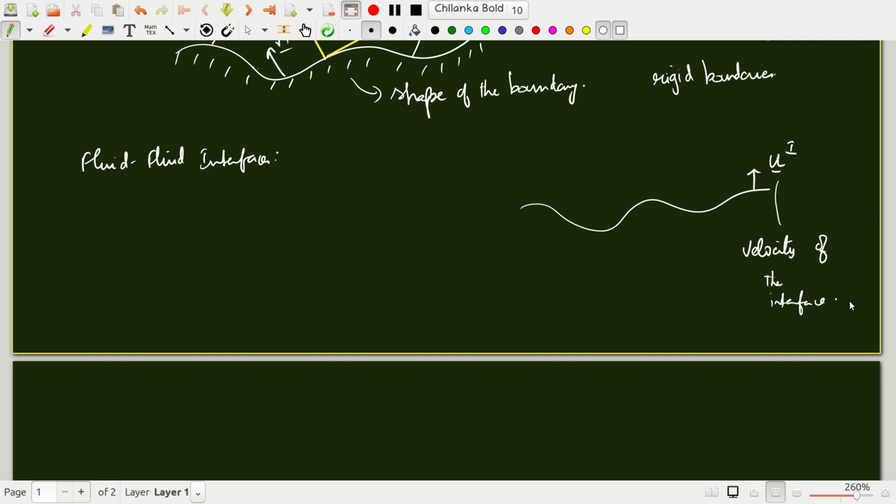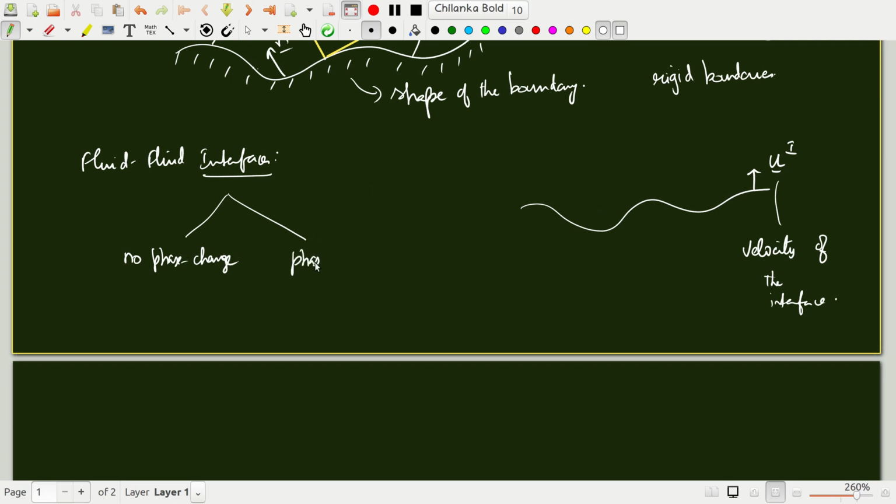Okay. Now, what is the conservation of mass condition? There are two types of interfaces. Interfaces when there is no phase change across the interface. That is, if you have this interface to be water, and if this water is also evaporating, that is a phase change that is occurring across the interface.